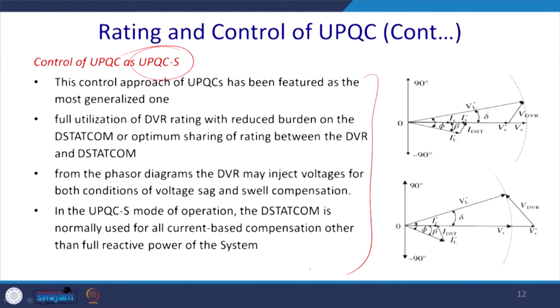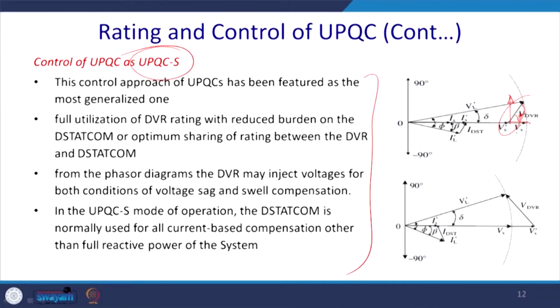We have already discussed this: if you want sag compensation, instead of compensating at this angle, in phase in case of the P or in quadrature in case of the Q, you can inject the optimal angle by choosing the effective utilization of the DVR and the D StatCom rating. So, both will be optimally loaded.